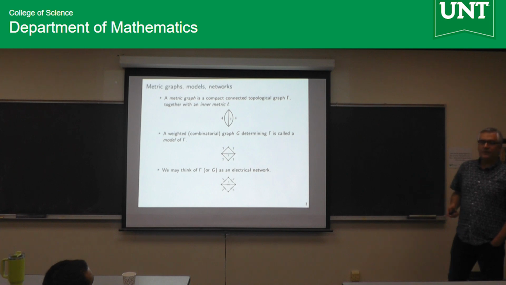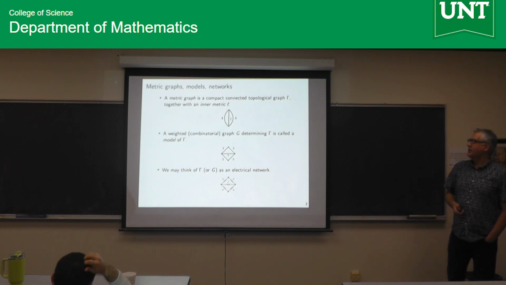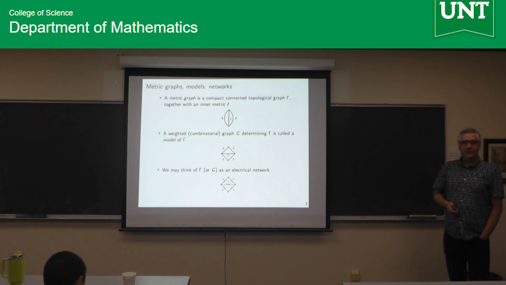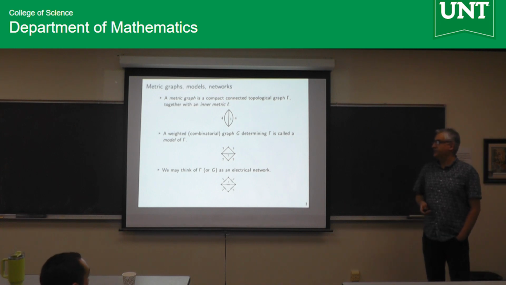So I'll switch between these points of view, and I will put them in a very fancy looking context, but any questions about what graphs or electrical networks are for this talk? What I want, the main object is this top one, but it's often useful for computations to think about other points of view.